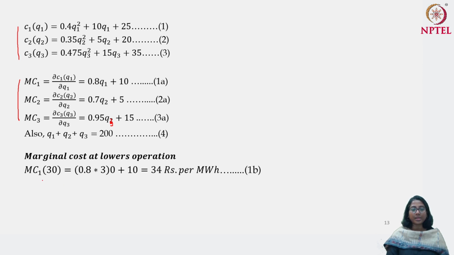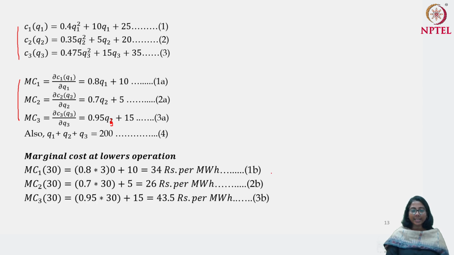I am going to see how the marginal cost looks. The marginal cost of the first plant at output equal to 30 is 34 rupees per megawatt hour. The marginal cost of the second plant at load equal to 30 is 26 per megawatt hour, and for the third plant it is 43.4.